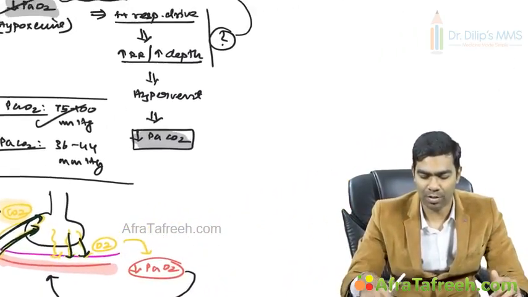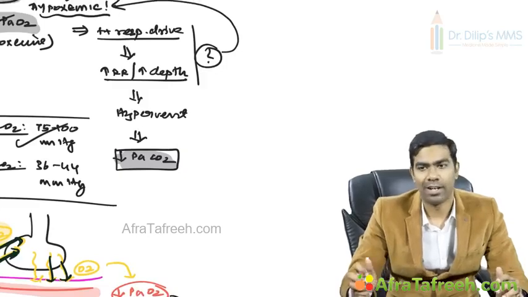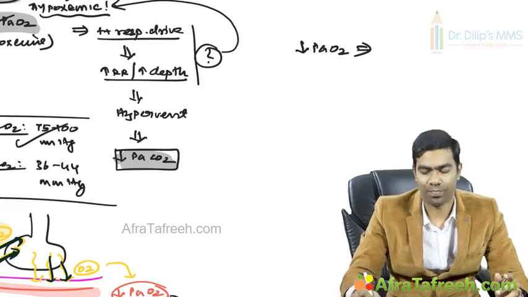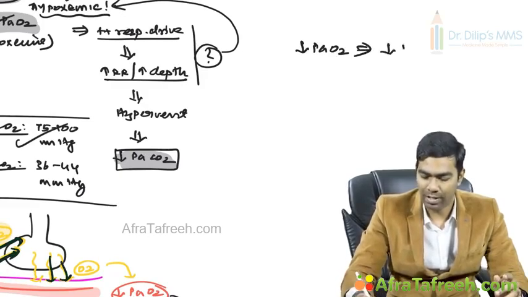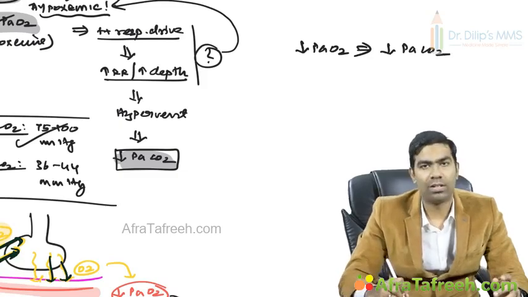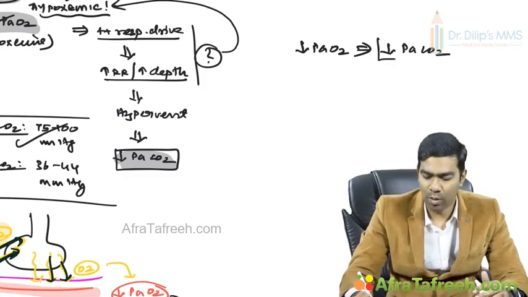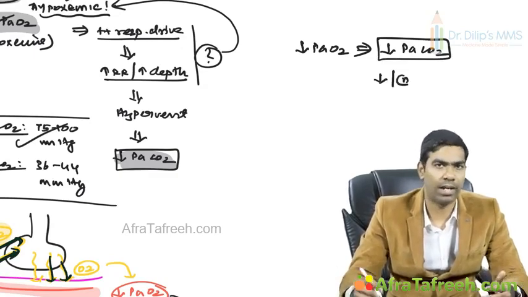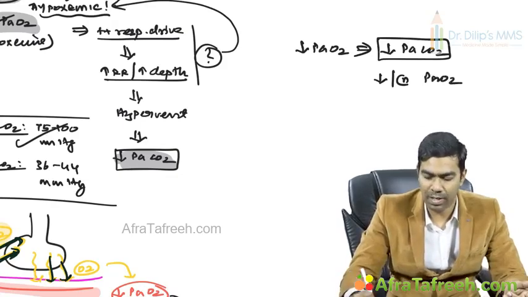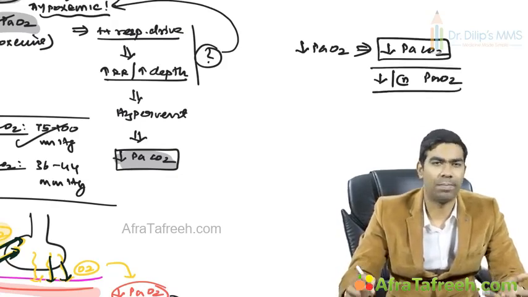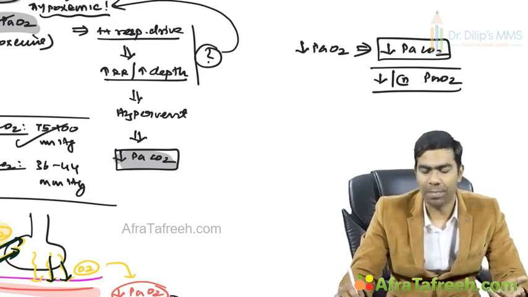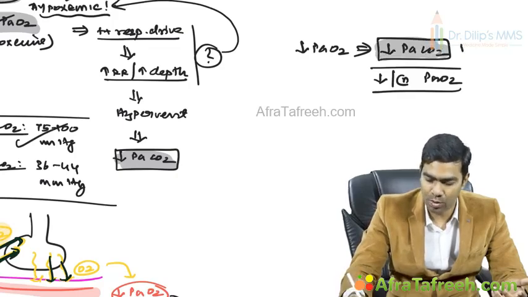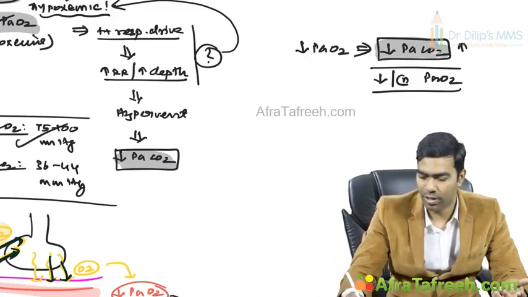So what happens here is, as a result of reduced PaO2, you are going to hyperventilate. That will definitely lower the PaCO2, but the PaO2 might normalize or might still be decreased, depending on the underlying pathology. But definitely your PaCO2 levels will drop, and this is due to the excessive solubility of the carbon dioxide.